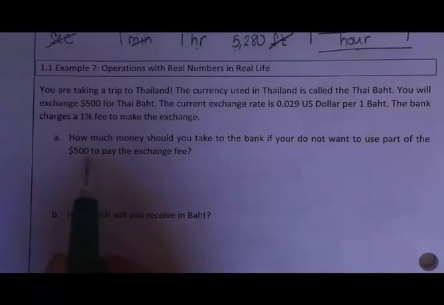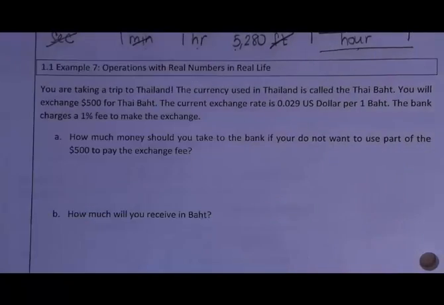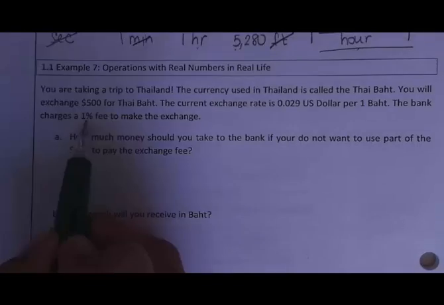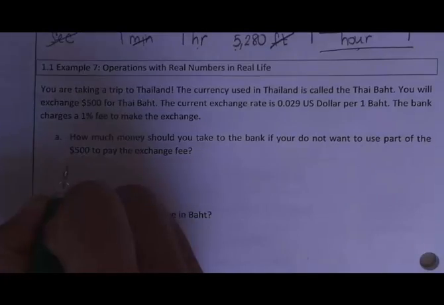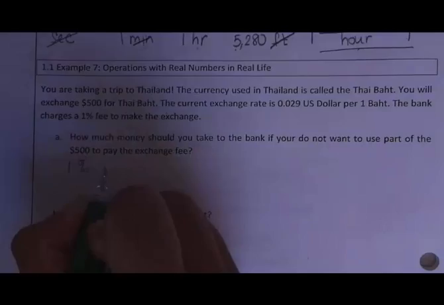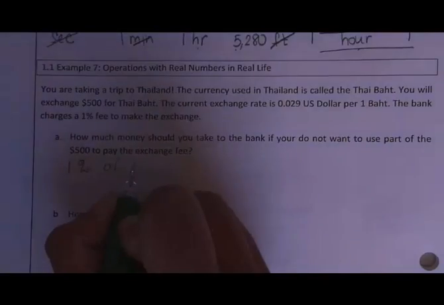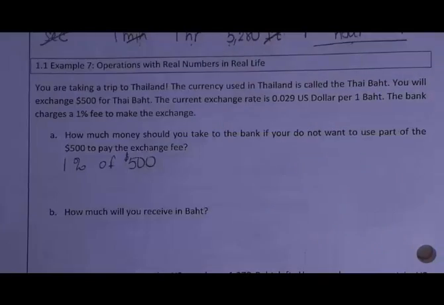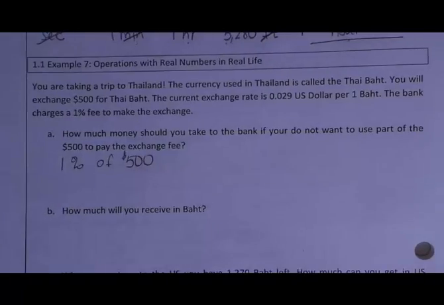So basically, you need to figure out what is your exchange fee, so the money that you're going to pay the bank to actually make this exchange. And we said that it was going to be 1% of your total amount. So you need to know what 1% of that $500 is. Hopefully at this point in your math career, you know that you should not do any math with a percent.